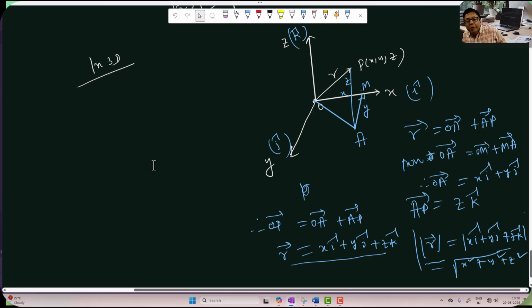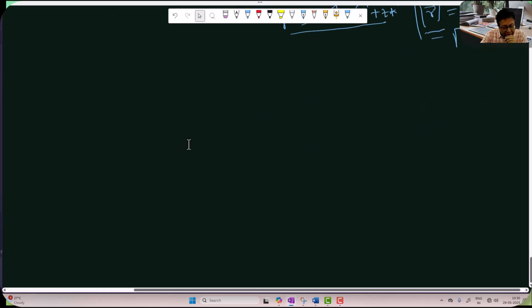Clear? Hope you have understood. Resolution of any vector in 2D, in 3D, and the representation of a vector in 2D and 3D.